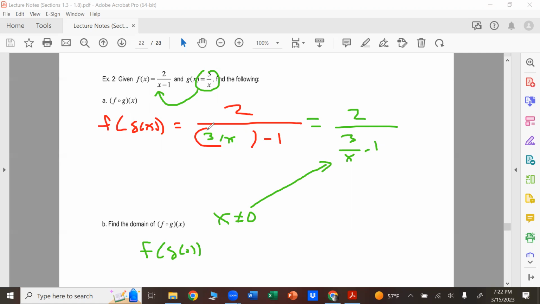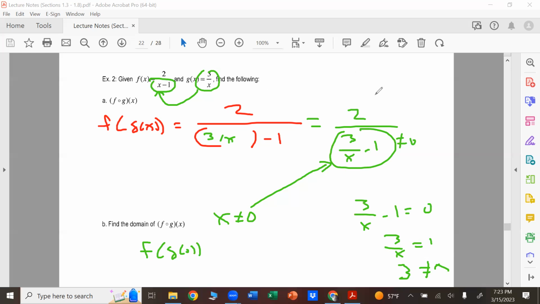So that's not okay. Also, we have to guarantee that this whole denominator does not equal 0. That would be a problem as well. So 3 over x equals 1, cross multiply, x equals 3. So also x cannot equal 3. That would also be a problem, because then it would make this 0, and that would be bad.